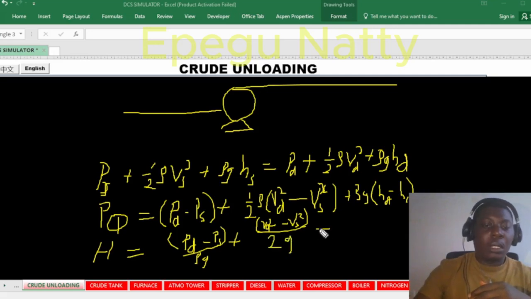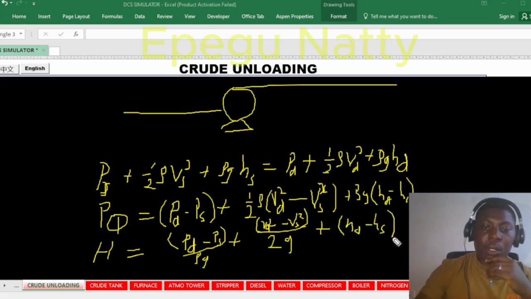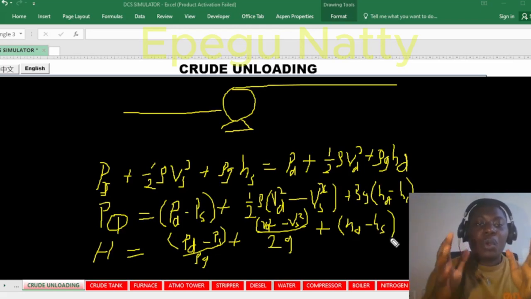This will be plus, this will cancel out, so we just have the height here, height at the discharge minus height at the suction. All right, so this is the formula for the pump head.